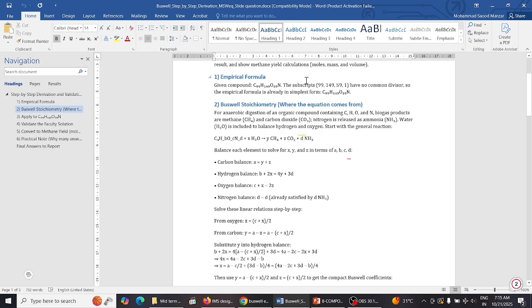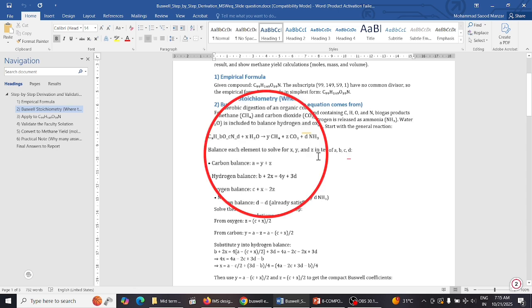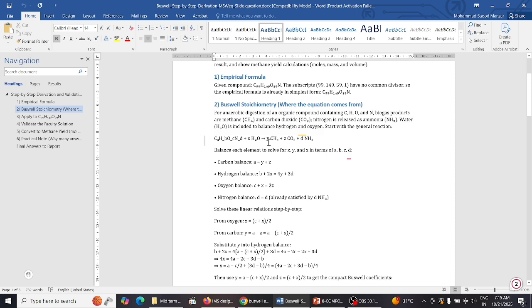Here the subscripts are 99, 149, 59, and N is 1. The equation is CaHbOcNd plus x times water equals y times methane plus z times carbon dioxide plus d times ammonia. Balancing carbon, a equals y plus z. Balancing hydrogen, b plus 2x equals 4y plus 3d.